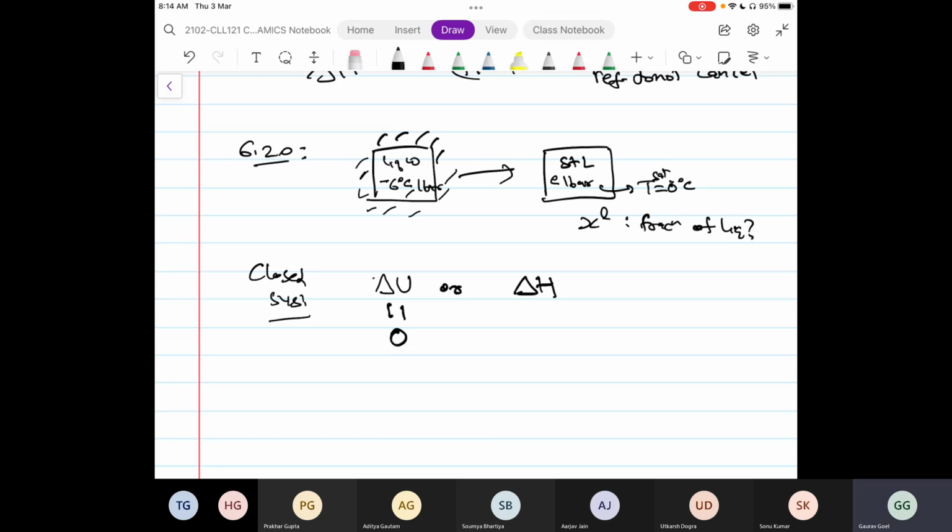Okay, however, you can see I'm taking pressure constant also, because it's a liquid solid system. Pressure also is not going to change much. All right. So you can say either it's a constant pressure process also, or enthalpy changes would be very close to internal energy changes. So delta H also would be 0.